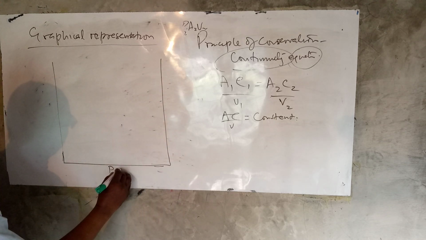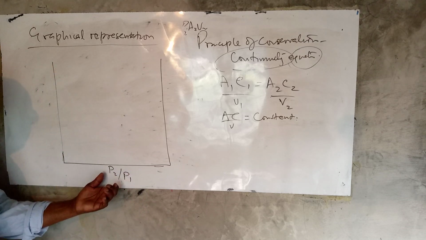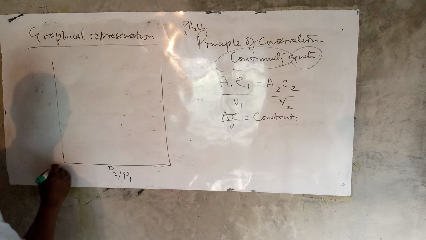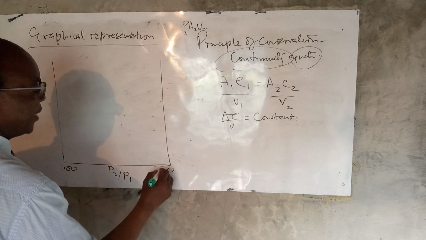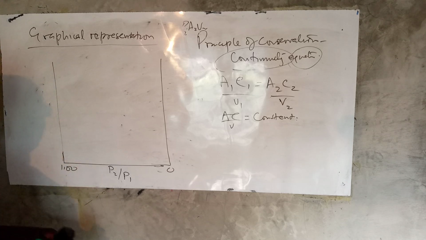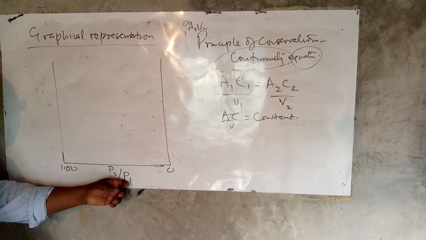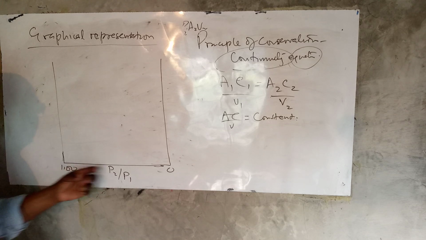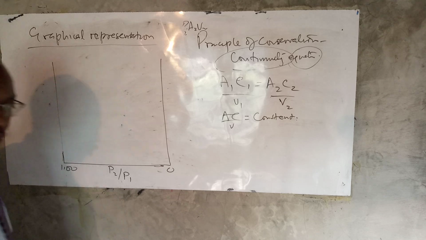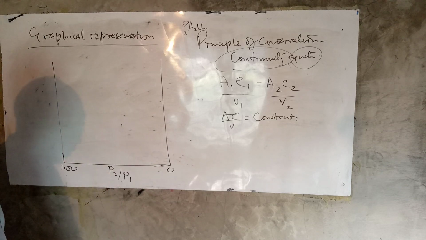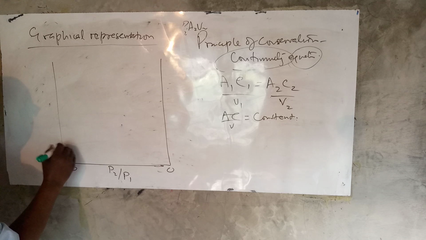If you have the ratio of the pressures at the points corresponding to the planes, state points 2 and 1, that ratio at this point on the axis is 1 and here it is 0. So what are we saying? We are saying that at this particular point, P2 over P1, P2 is equal to P1, and as we move this way, then what is happening? The pressure is dropping. P2 is decreasing.